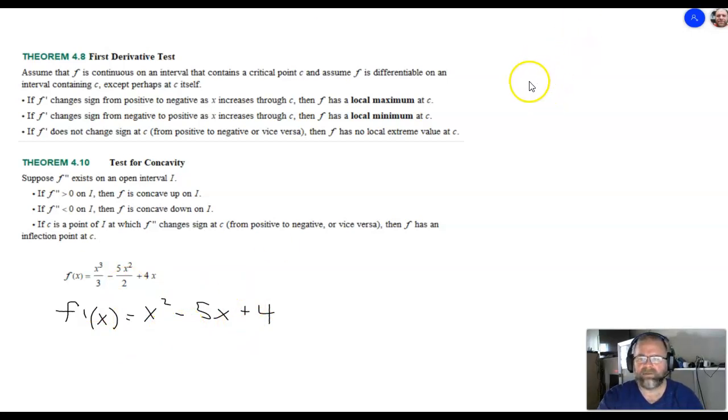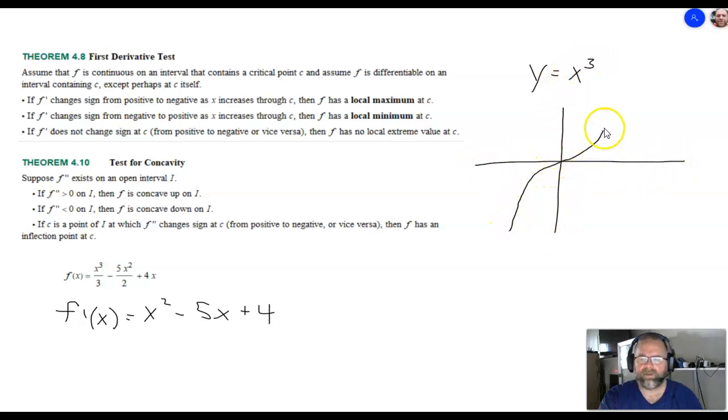If I took a look at the function, I'll do this off to the side, just y is equal to x cubed, and it goes something like this. It's not going to be perfect, but something like this, right? And we actually do have a horizontal tangent right at x equals 0 here, but notice that it's increasing, increasing, increasing, and then we have a slope of 0 right here, and then it's still increasing.